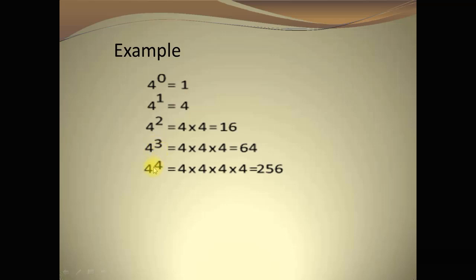Another exponential form, 4 power 4, means 4 multiplied by 4 multiplied by 4 multiplied by 4, which is equal to 256. So 256 is the value of this exponential form, and this 4 represents the base and this 4 represents the power or exponent or index.